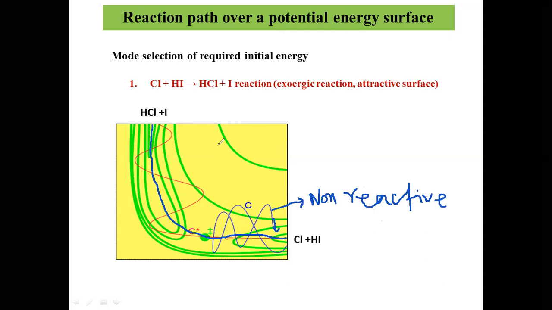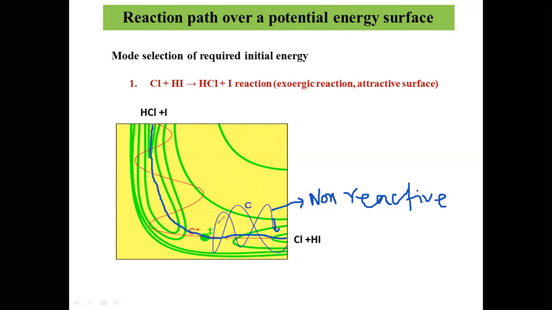Okay. So what this finally says is that if we start this exothermic reaction with a relatively high translation energy, then the reaction goes over the saddle point, and finally the products are going to be vibrationally hot. On the other hand, if we start the reaction with a vibrational excitation of HI, whatever the required energy, then what happens?